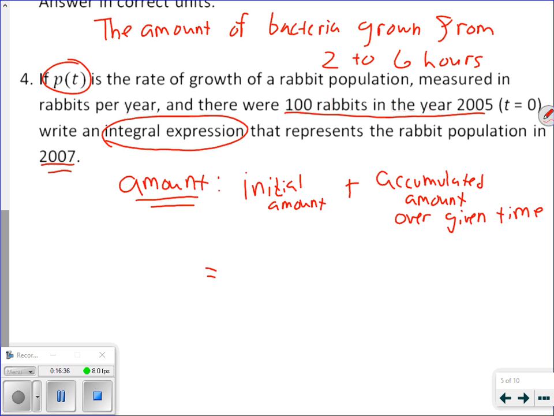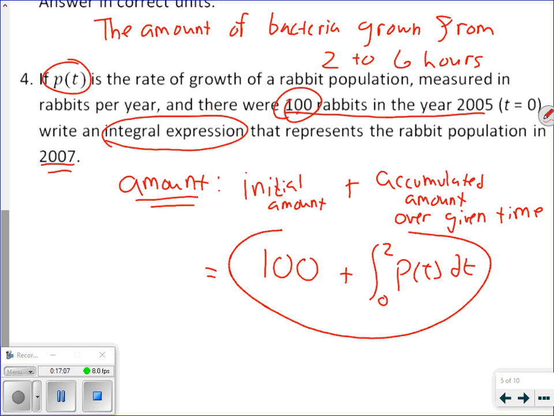So simply put, the initial amount in 2005 is 100 rabbits. I'm going to add to my initial amount the amount of rabbits that I've accumulated from time equals 0 to 2007. That's 2 years that have passed, so from 0 to 2. So I'm going to take my initial amount plus the amount I've accumulated from time equals 0 to time equals 2, and it's just the integral of the function P of t dt.